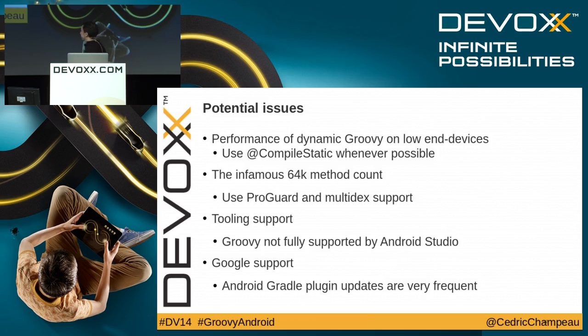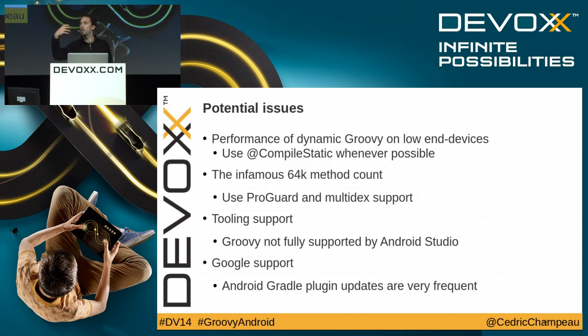Second one, the limit of the number of methods. It's true that when you add Groovy, you add a lot of methods. Well, it's by design, because Groovy adds a lot of methods on existing classes. This is the example that I showed at the beginning, saying that you can enhance existing classes. Groovy does that by default.